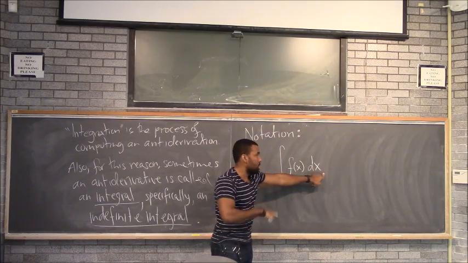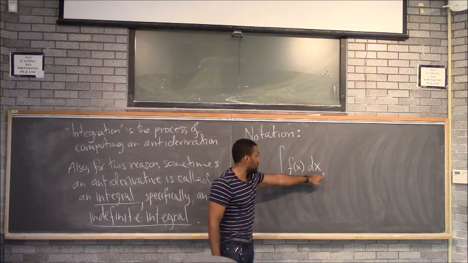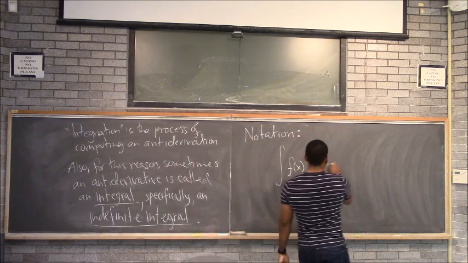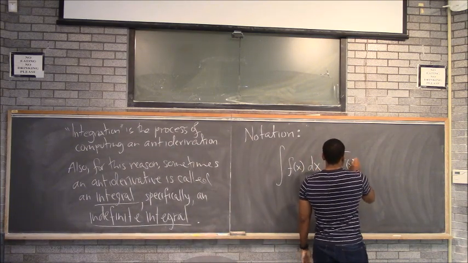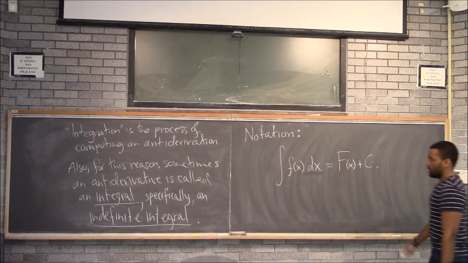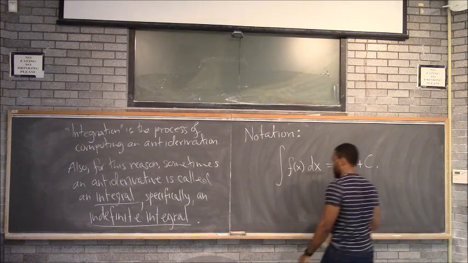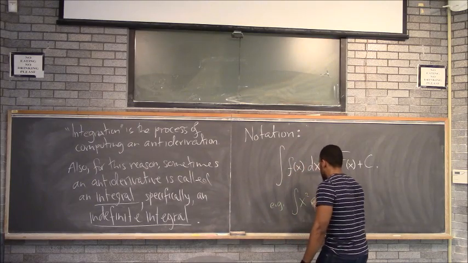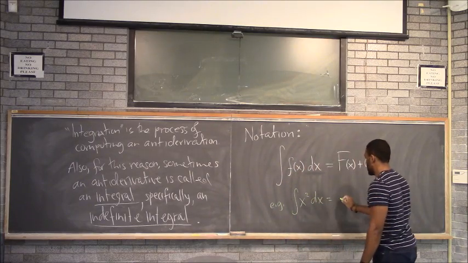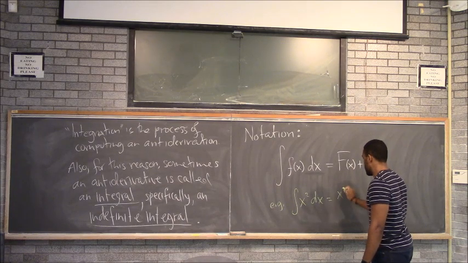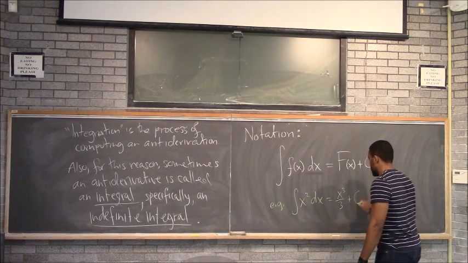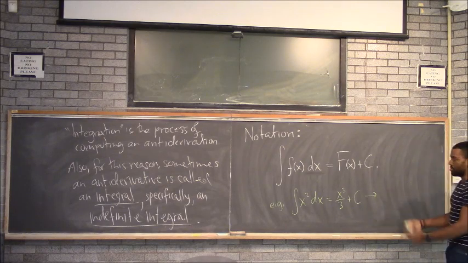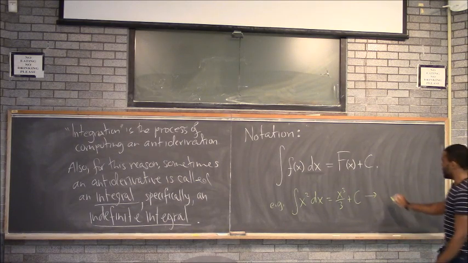Where the dx at the bottom is telling you who the independent variable is. So you can write that symbol, and then you would write equals big F of x plus c. Right? So for example, I could say, and this will mean, you can read it as, the integral.